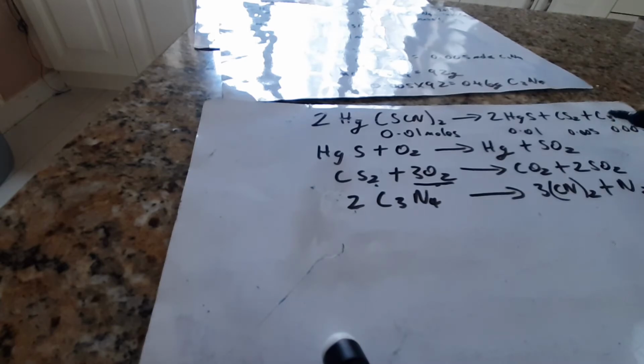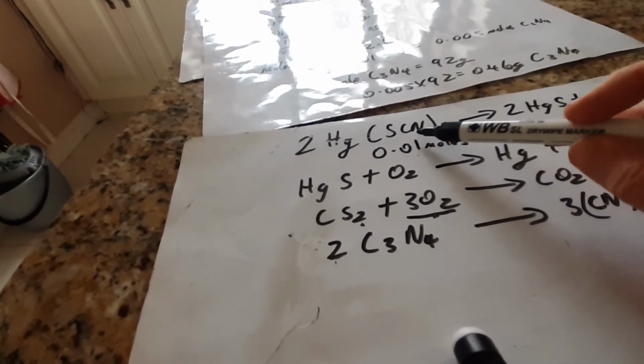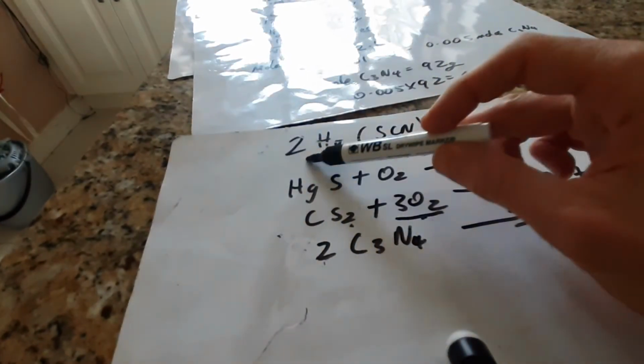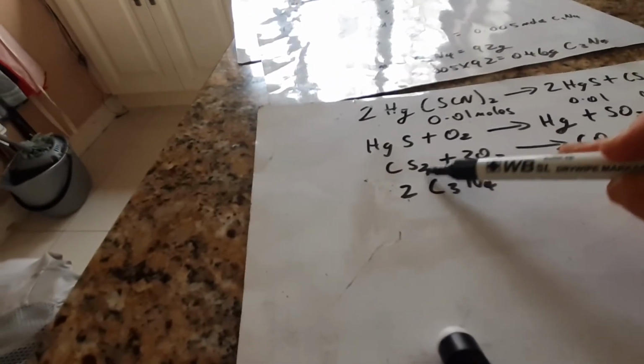Well, we've worked that out already from our molar ratio here, because we know that we started with 0.01 moles of mercury SCN2, and we know that the molar ratio here is 2 to 1. So basically, we're going to start with, over here, half the amount of CS2, isn't that right? Which is 0.005 moles. Does that make sense?